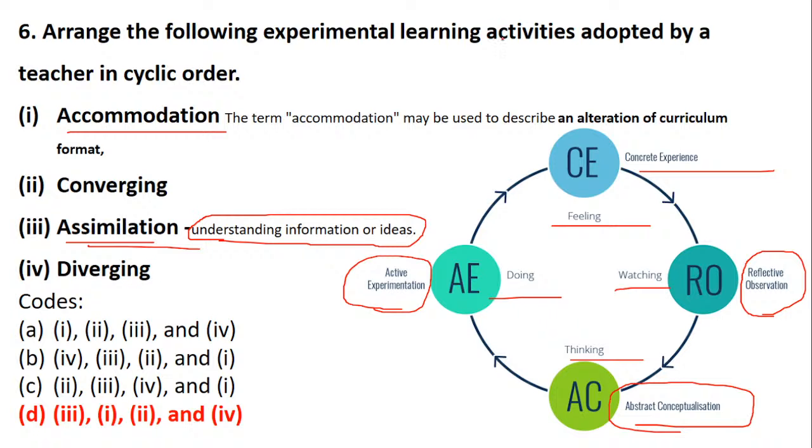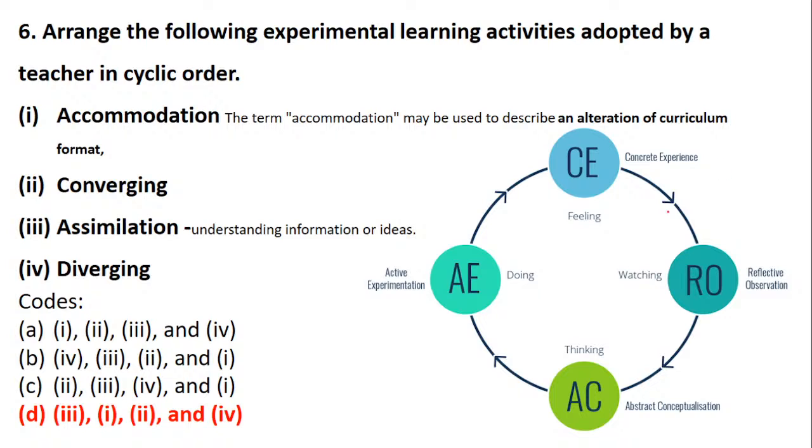The topic is called the experimental learning activity or cycle. The cycle starts with giving some concrete experience, that is assimilating the information or idea, understanding the information or idea.